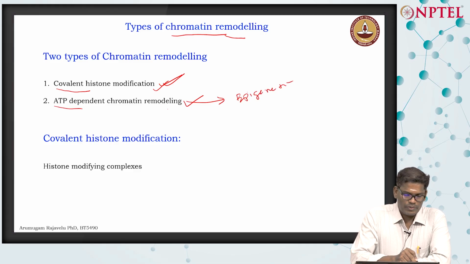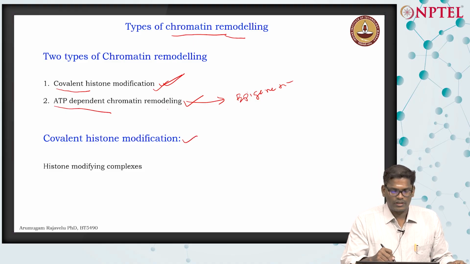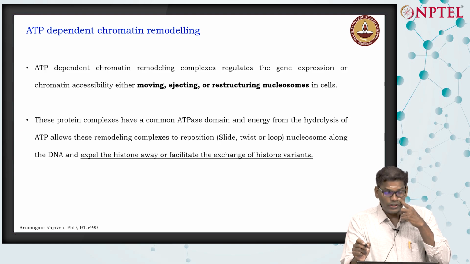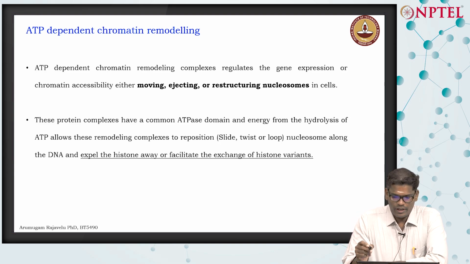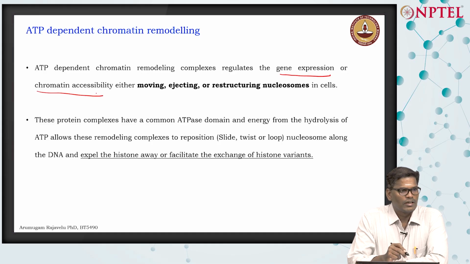I will highlight these ATP-dependent chromatin remodeling structures. Obviously, we are going to discuss in detail the various histone modifications and their role in gene expression. ATP-dependent chromatin remodeling is basically a group of proteins, a complex, which is primarily involved in gene expression or chromatin accessibility, mostly in connection with gene activation, where it assists in moving, ejecting, or restructuring the nucleosomes.